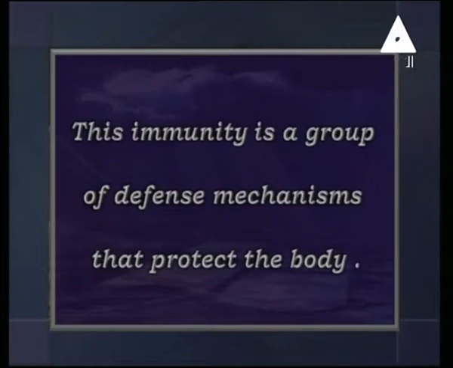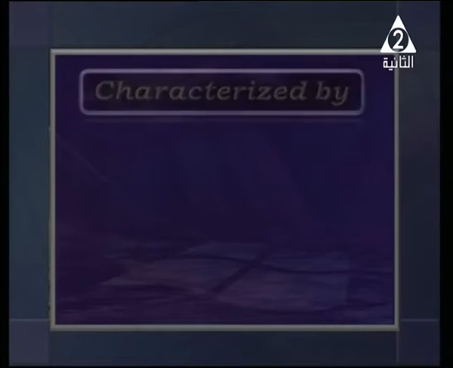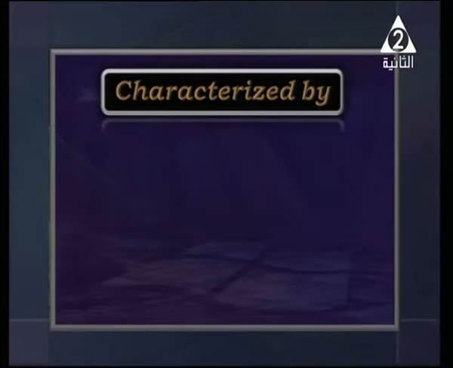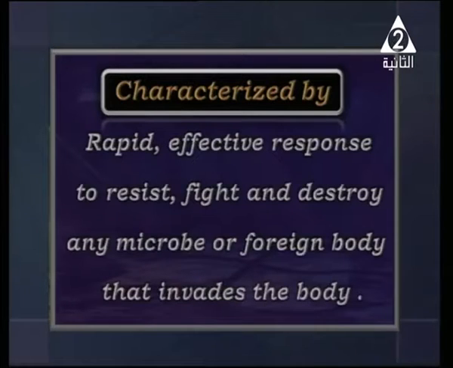We need to know the characterization of this system, its function, and whether it is just one part or different parts. This system is characterized by a rapid, effective response to resist, fight, and destroy any microbe or foreign body that invades the body.